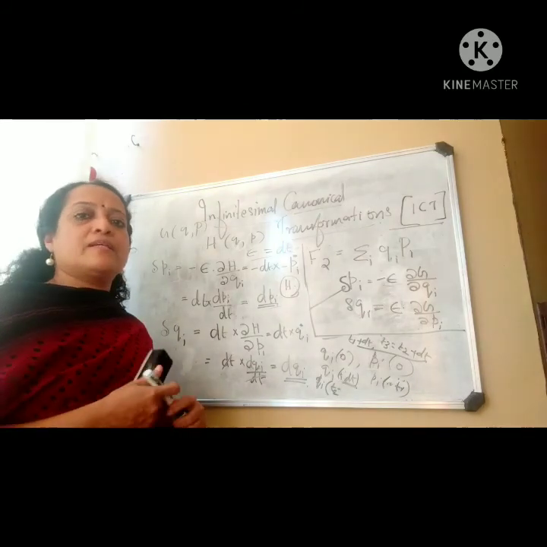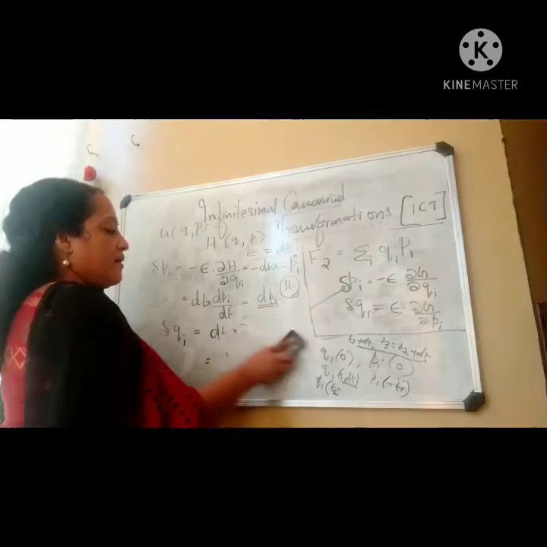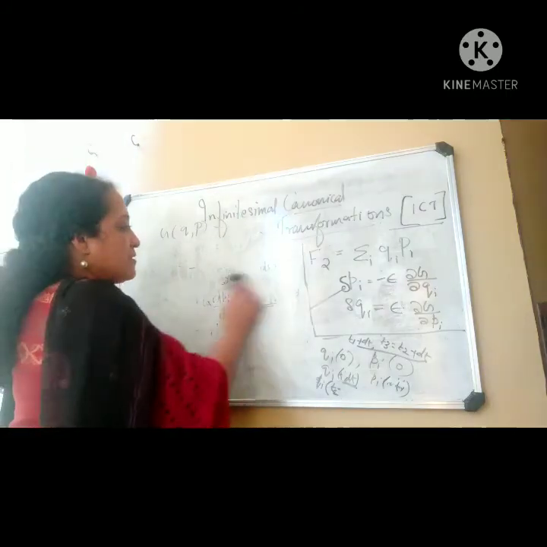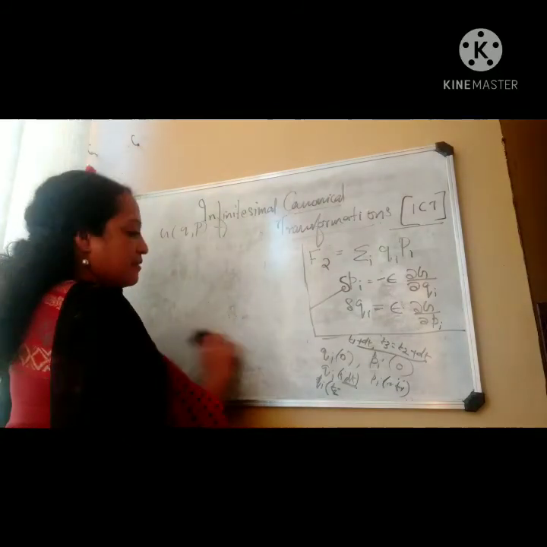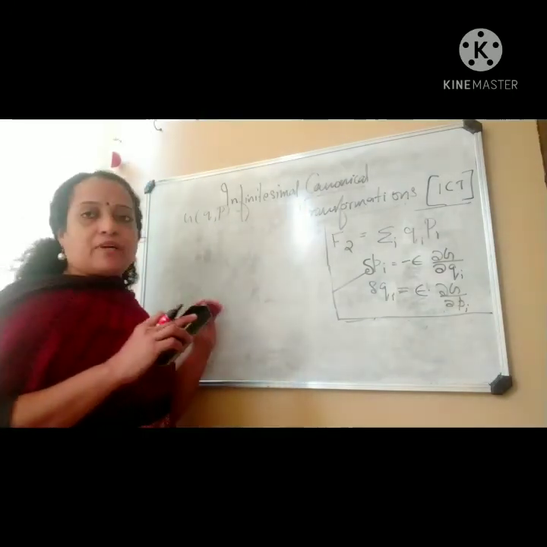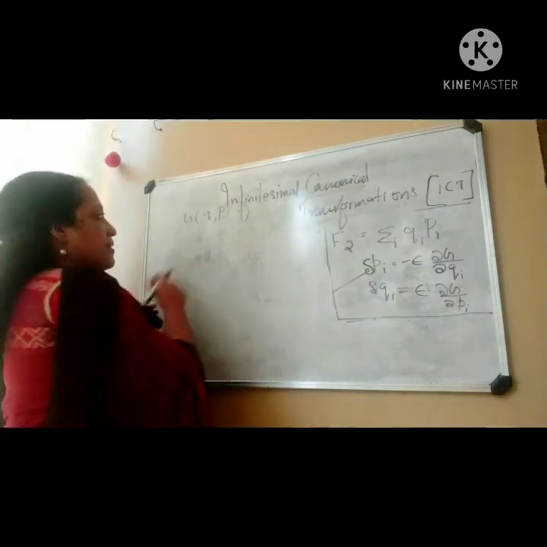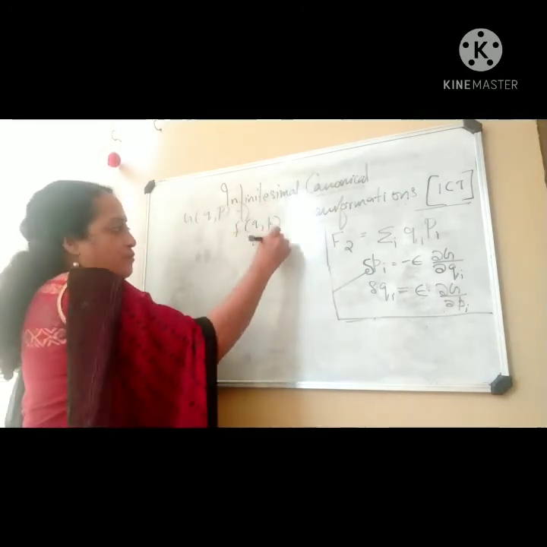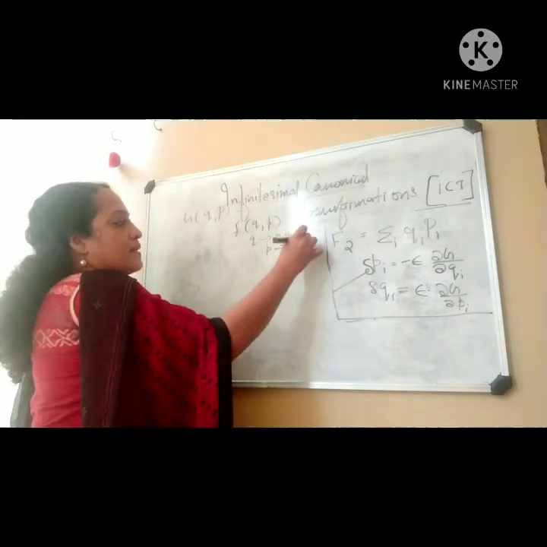Next we can see the infinitesimal variation in the value of a function. When q and p change by an infinitesimal amount, what happens to the change in the function? Suppose f is a function of q and p. Now the q value changes to q plus delta q, and p changes to p plus delta p.